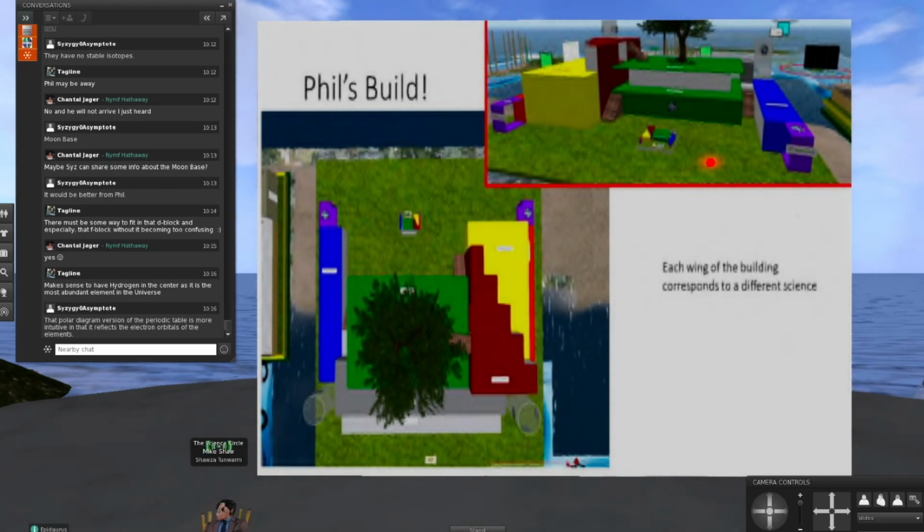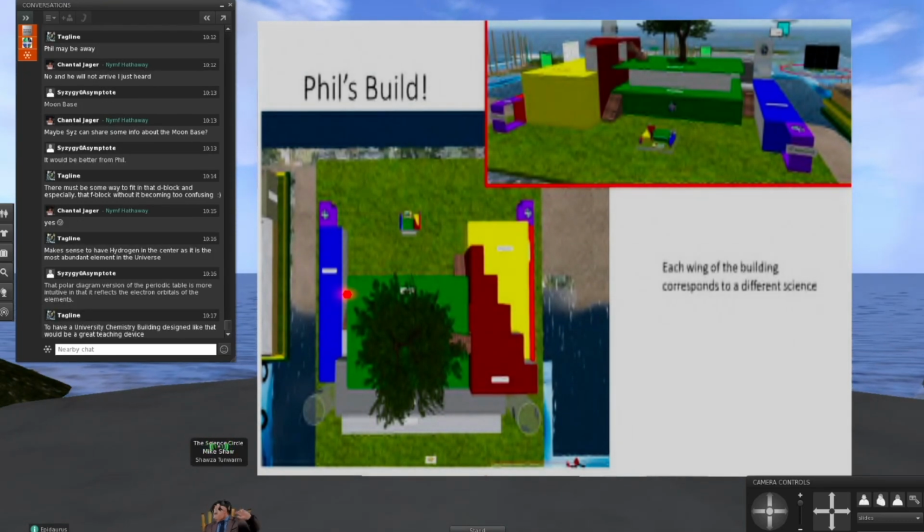So here's Phil's build. Here is a view from above. He's made a miniature version out front. There's a tree on top, and there's reasons for the tree, which I will let Phil explain when the time comes. You can see we've got hydrogen and helium up here. We've got our S block elements like lithium and calcium.